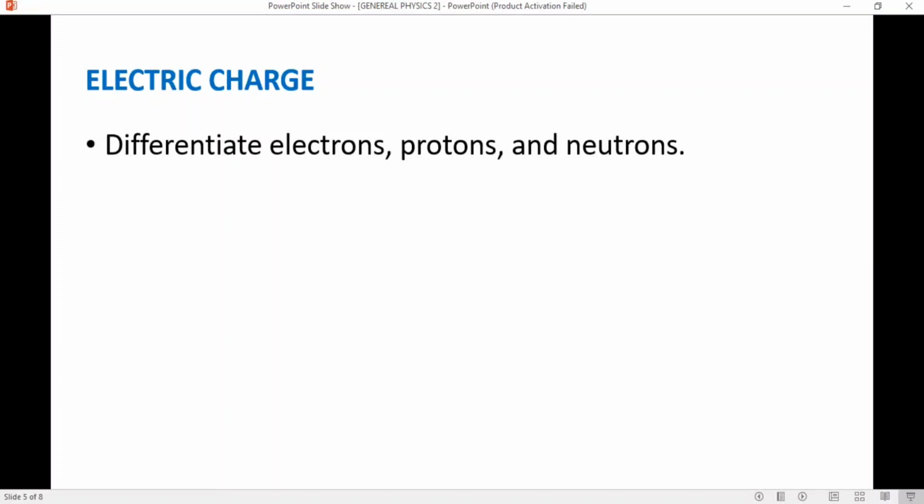So these three particles are the different types of electric charges. The positive charge, which in an atom refers to protons. The negative charge, which in an atom refers to electrons, and the neutrons refer to the neutral charge.